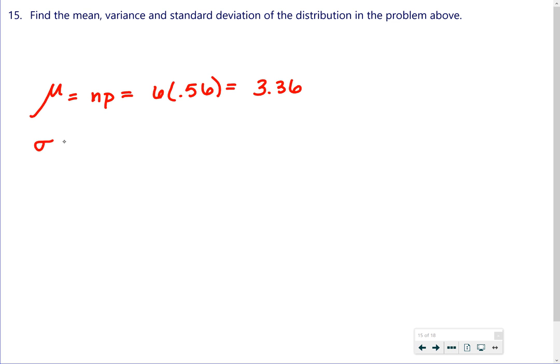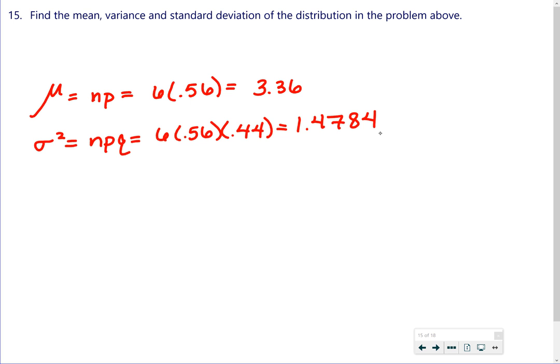Then your variance, which is your little sigma squared, is NPQ. So 6 times 0.56 times 0.44. So previous answer times 0.44. And you get 1.4784, I don't even have to round this one. And then last but not least, our standard deviation is always the square root of our variance.